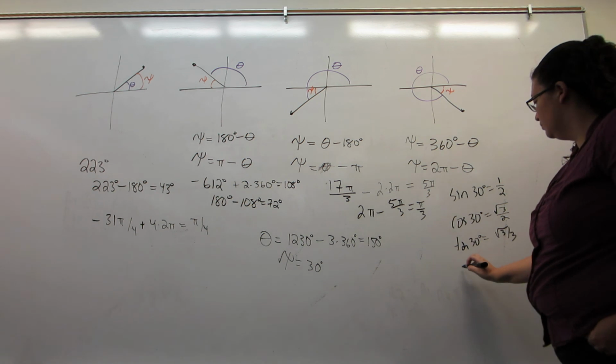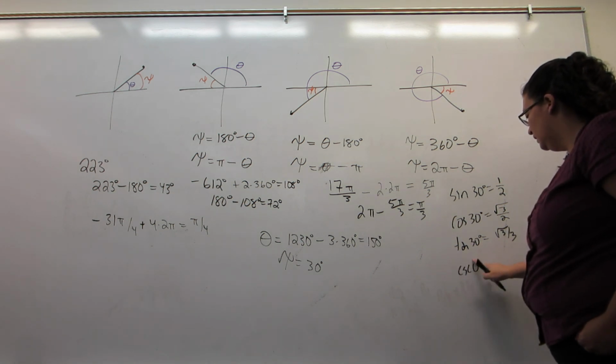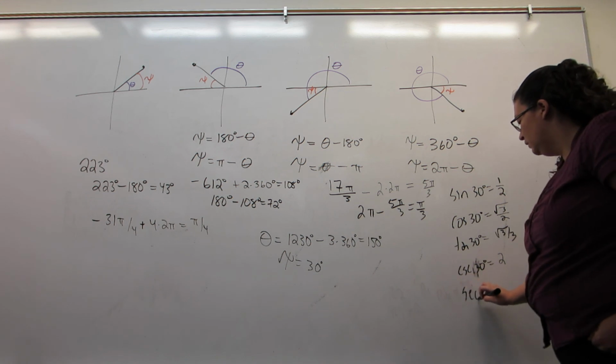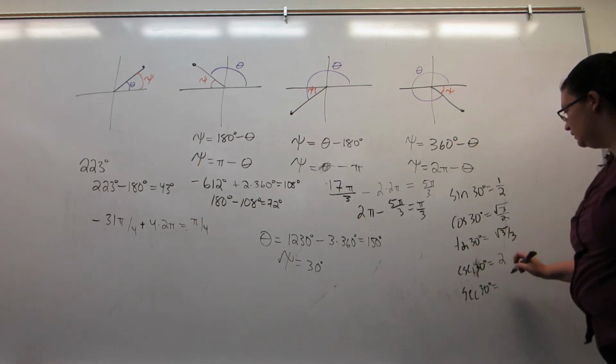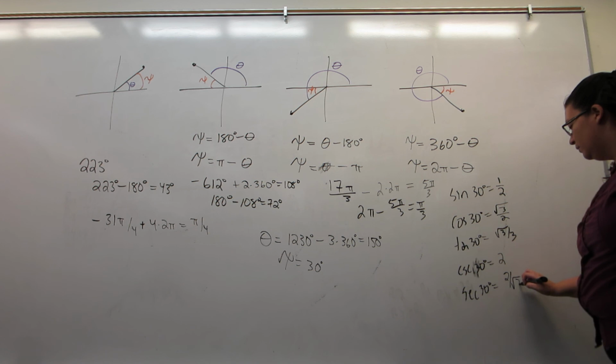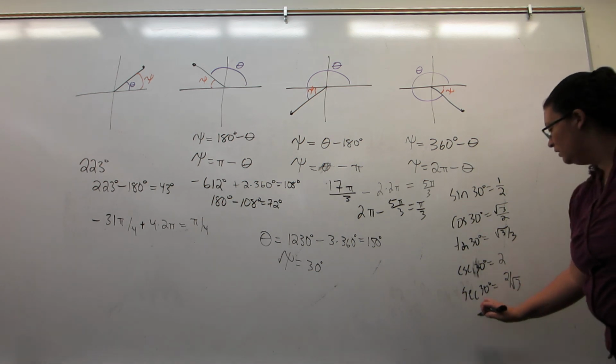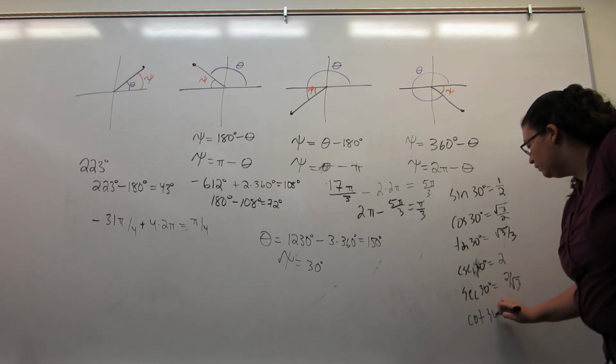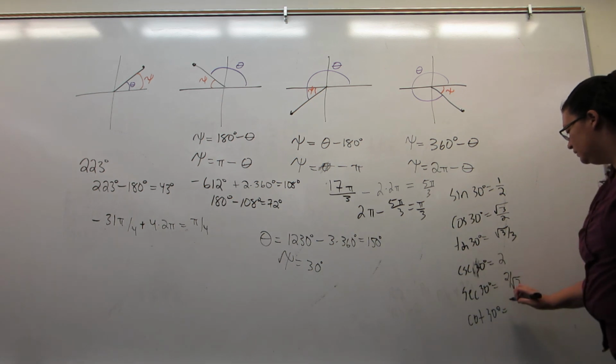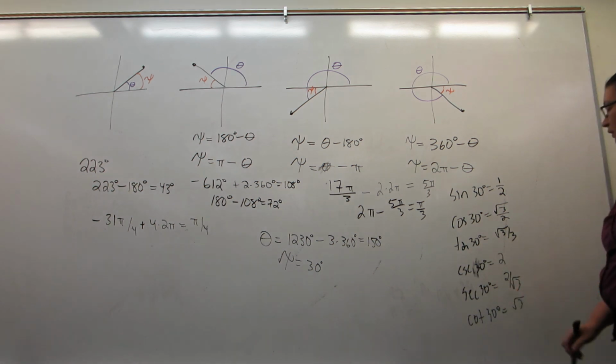And then I take the reciprocals. The cosecant of 30 degrees is 2. The secant of 30 degrees is 2 divided by the square root of 3. And the cotangent of 30 degrees is square root of 3.